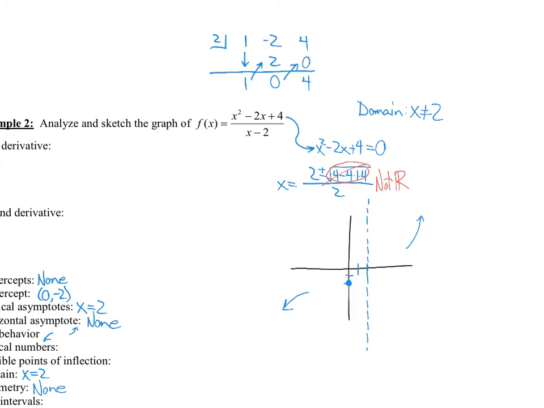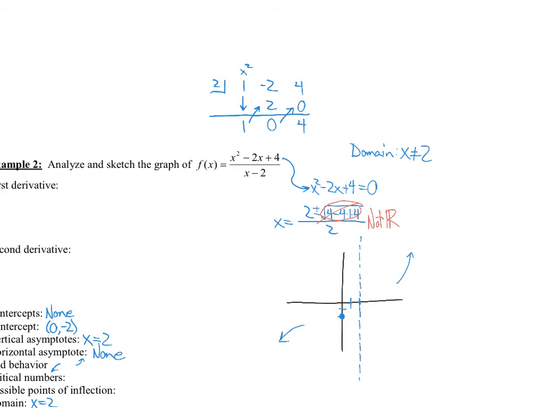Now, if you remember here, this was x squared. It's gonna be x. This was x squared, this was x, and this was the number. So down here, this is the x, this is the number, and then this is the remainder. 4 over x minus 2.